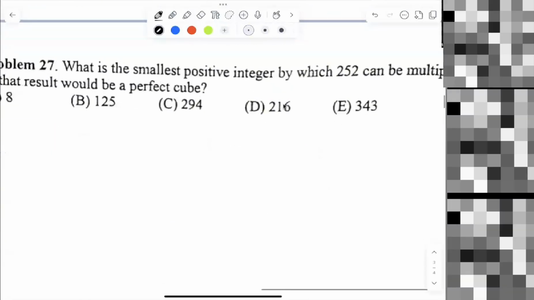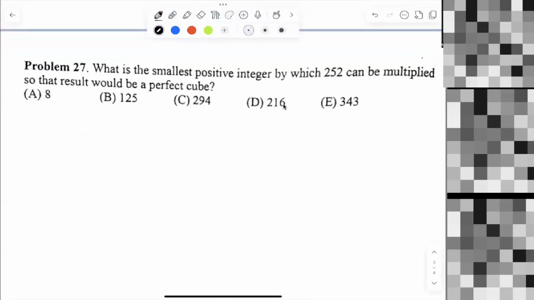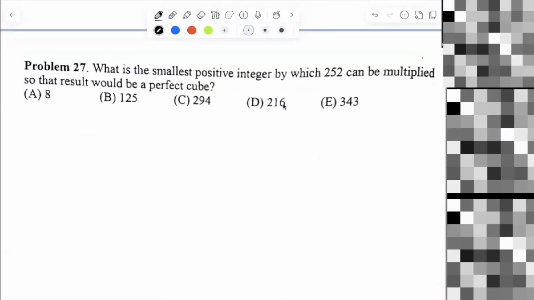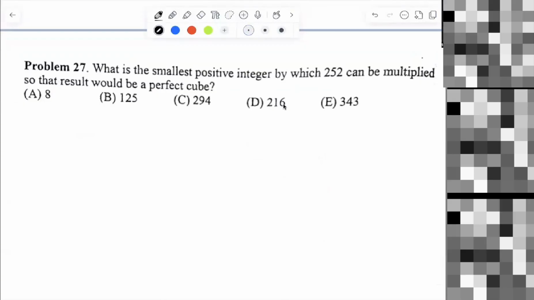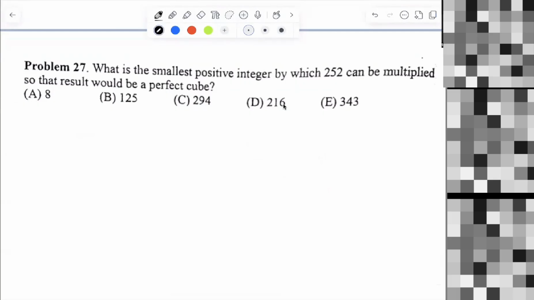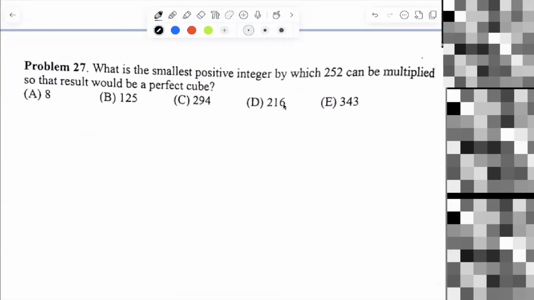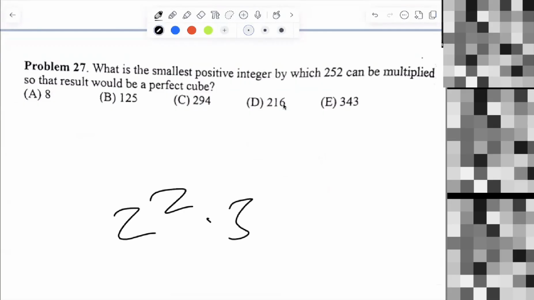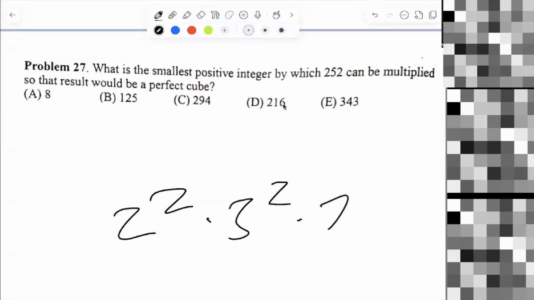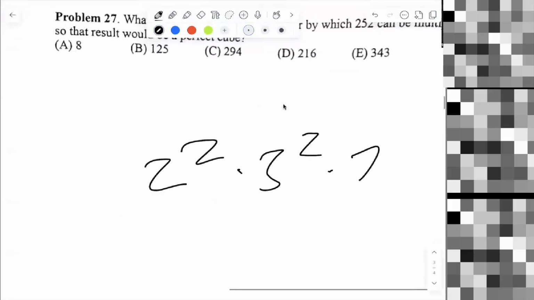Problem 27. What is the smallest positive integer by which 252 can be multiplied so the result will be a perfect cube? Well, notice that 252 is divisible by 2 squared, also divisible by 3 squared, and divisible by 7. Alright, this is the factorization.